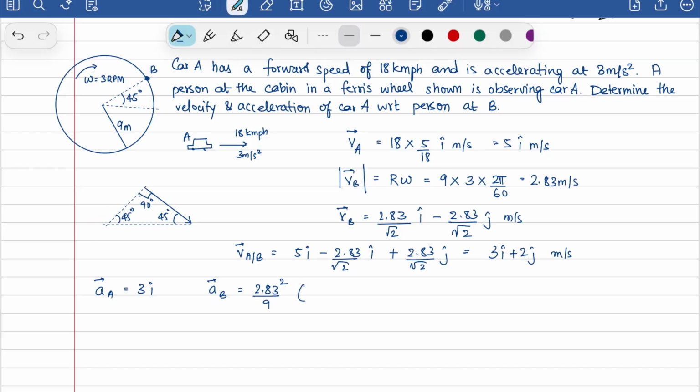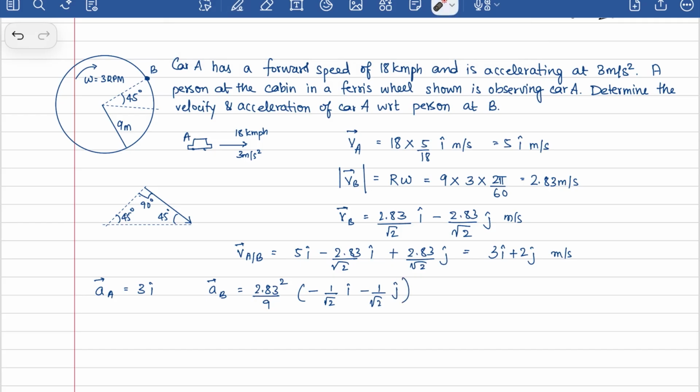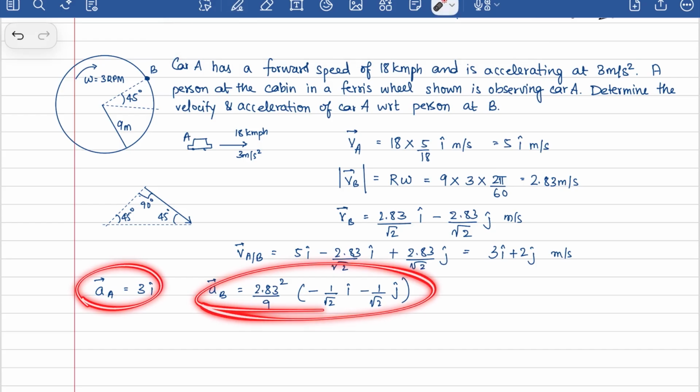So minus 1 by root 2 i hat minus 1 by root 2 j hat. Is essentially cos 45 in this direction and cos 45 in this direction. Well, one of it was sine, one of it was cos. They both are the same value.